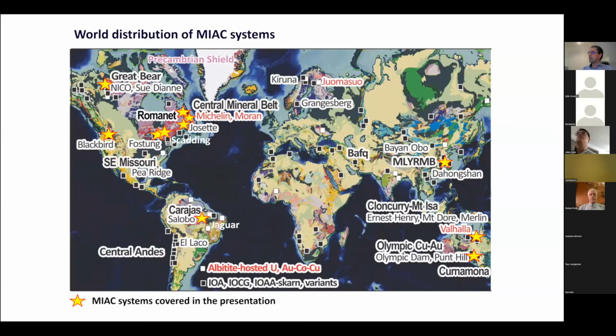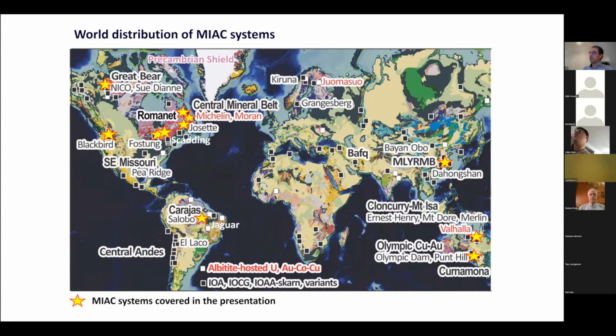In terms of distribution of these systems, they can occur on every continent and in rocks of different ages as well. And the stars are illustrating the systems that we will use as examples in the presentation to show different styles of mineralization that are possible.